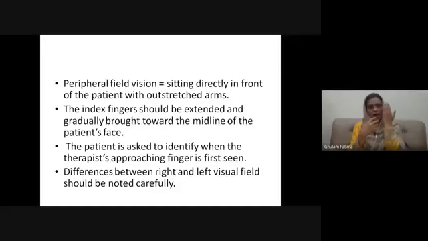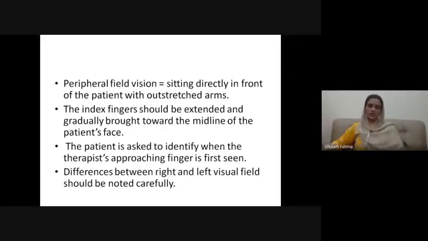You and the patient cover the eyes of the same side, but in terms of right and left, your eye and the patient's eye will be opposite. You bring your moving fingers from the side towards the front, and ask the patient to tell you the point at which he is able to see your finger, and then repeat from the other field, and then from this side, and then from this side.